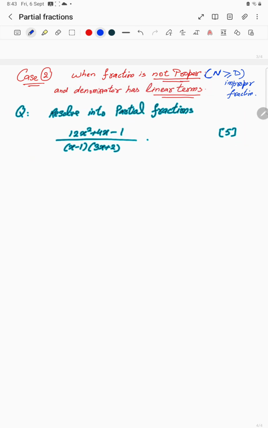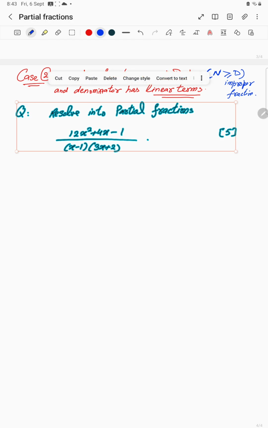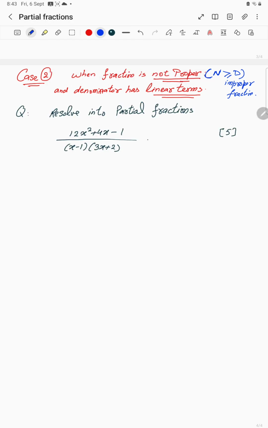Okay, suppose we have, again a question taken from the past year paper, and the question states: resolve into partial fraction. This is the given case. First check if the fraction is proper.